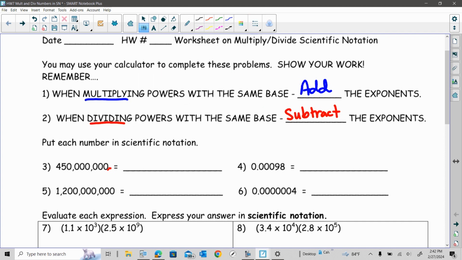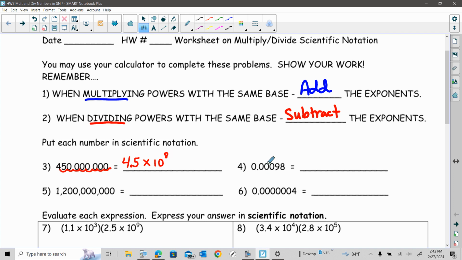And we would have to move it to the left 1, 2, 3, 4, 5, 6, 7, 8 to get a number 4.5. So we want it in between the digits because that's now a number between 1 and 10 times base 10. Because we moved it 8 times, it has an exponent of 8. So if you're starting off with a very large number, the exponent is always positive.